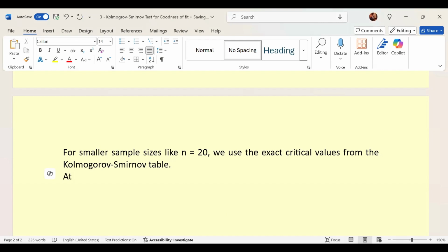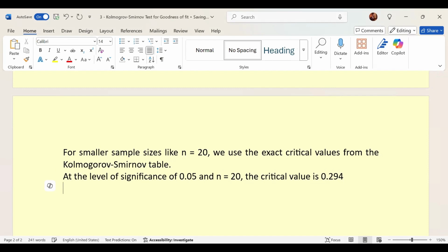So at the level of significance of 0.05 and n equal to 20, the critical value is 0.294. Now, inference.